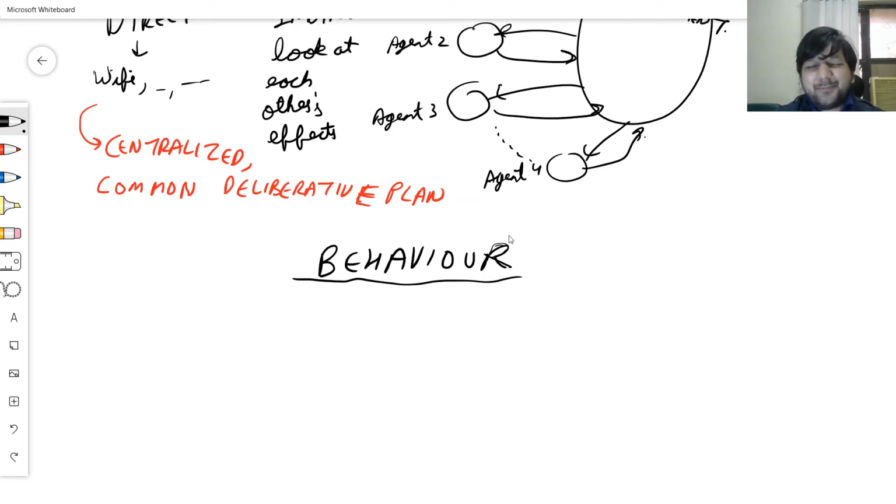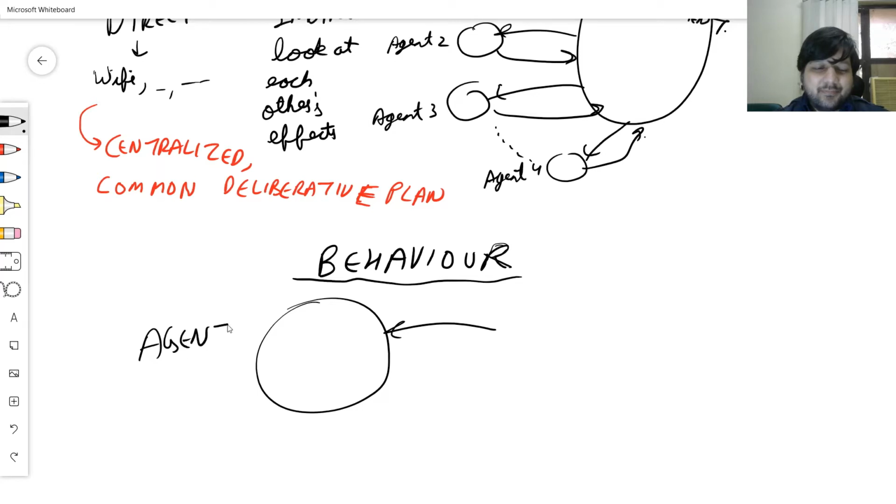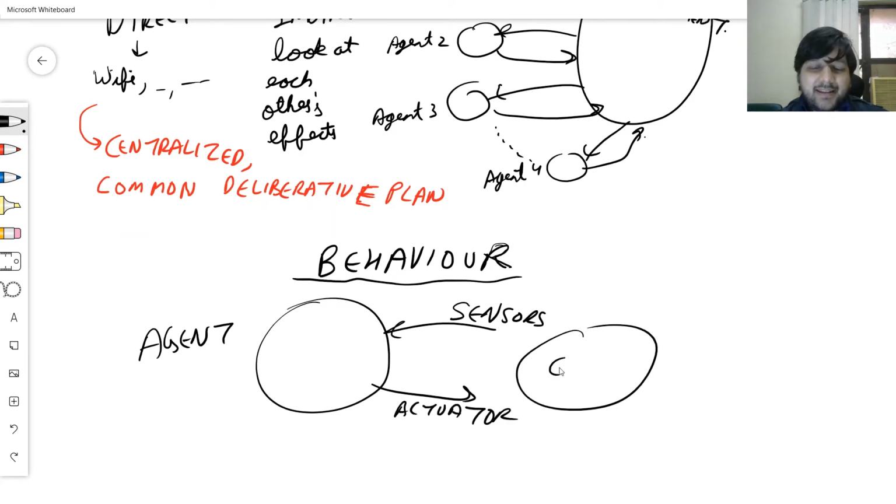Now, where does behavior come into play over here? In decision making. You've got the system where the agent reads by sensors and acts with the help of actuators in an environment, and the agent of course has a rule base.